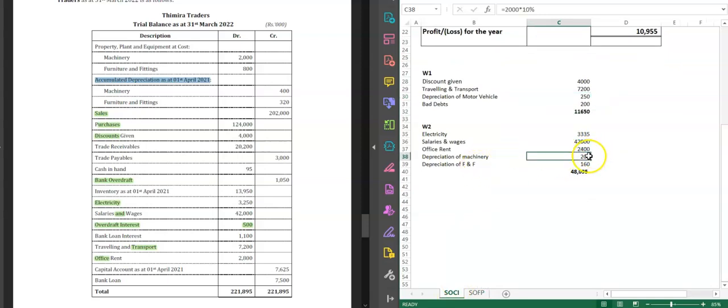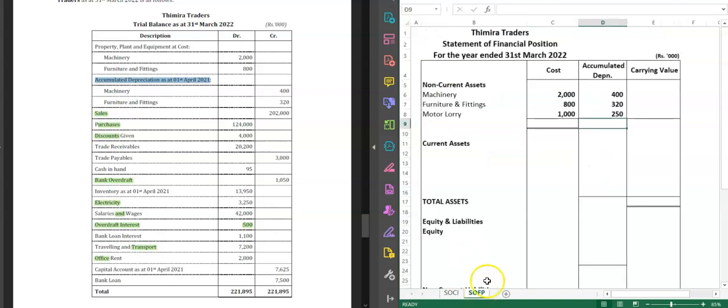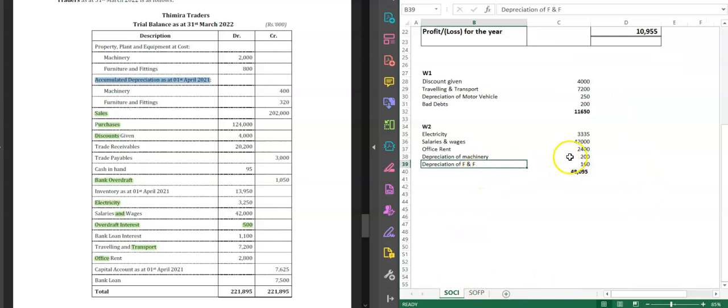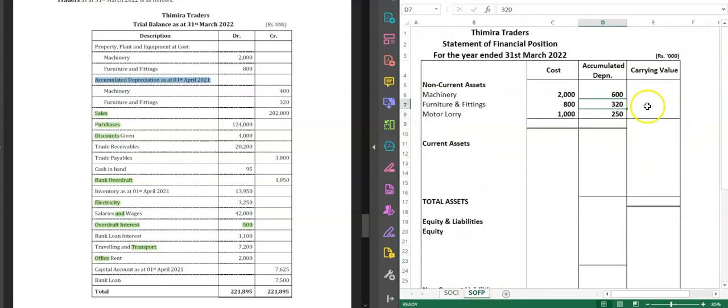The depreciation of machinery is 200, so add 200 to this machinery: 400 plus 200. Now furniture and fittings we calculated as 160. So 320 is the opening balance of the accumulated depreciation account plus 160. That means it's 480.